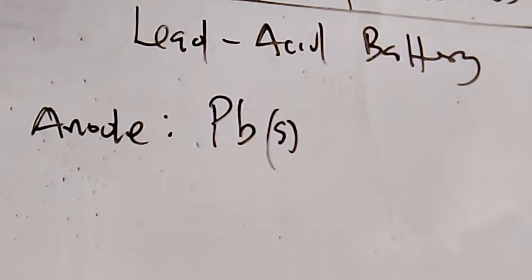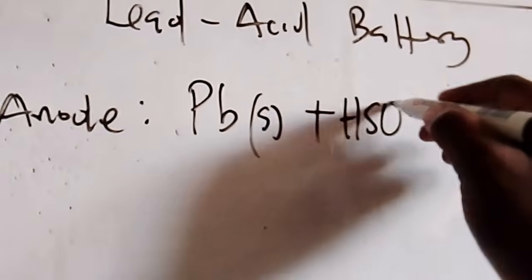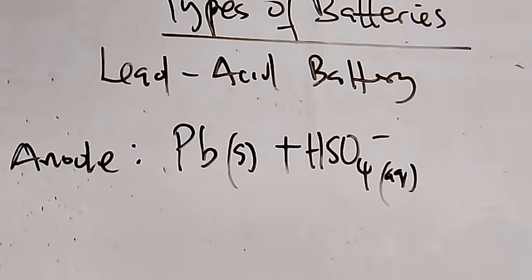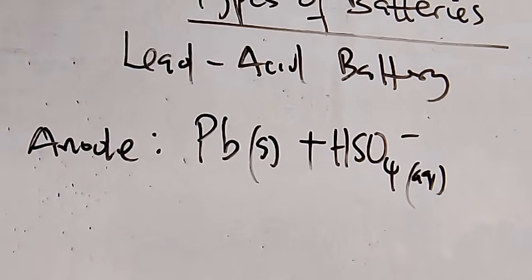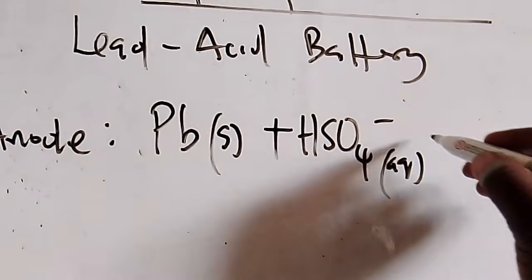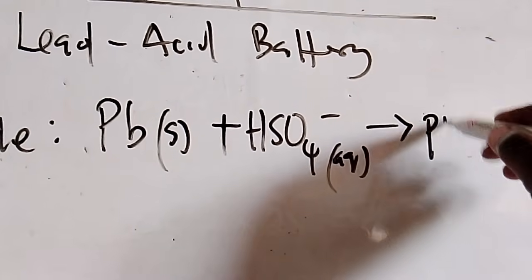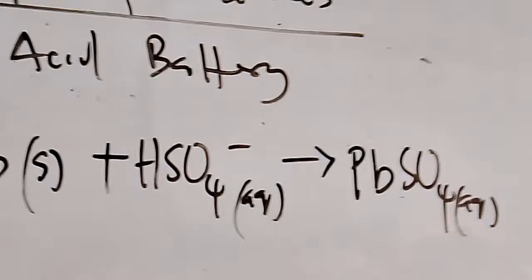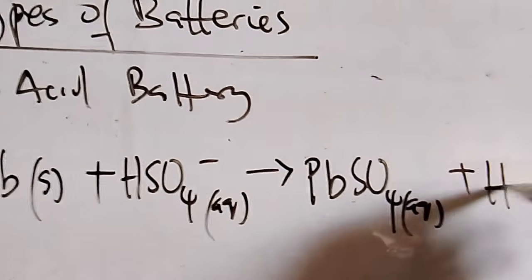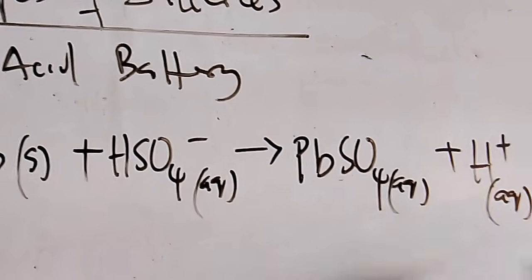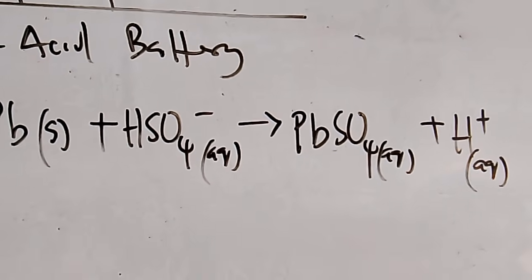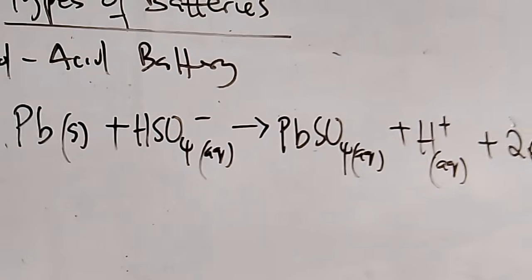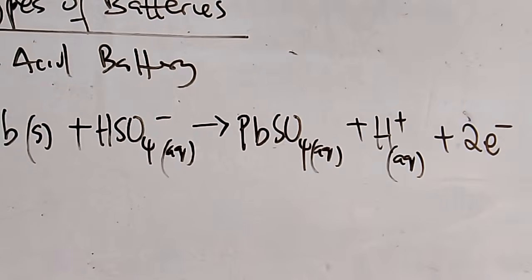So the lead plus the acid used in this battery, which is sulfuric acid, will give us lead sulfate plus hydrogen ion plus the two electrons.